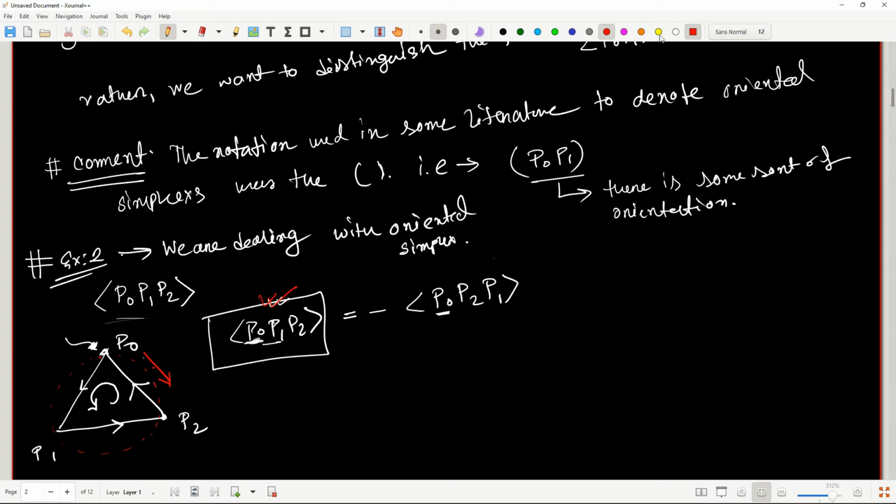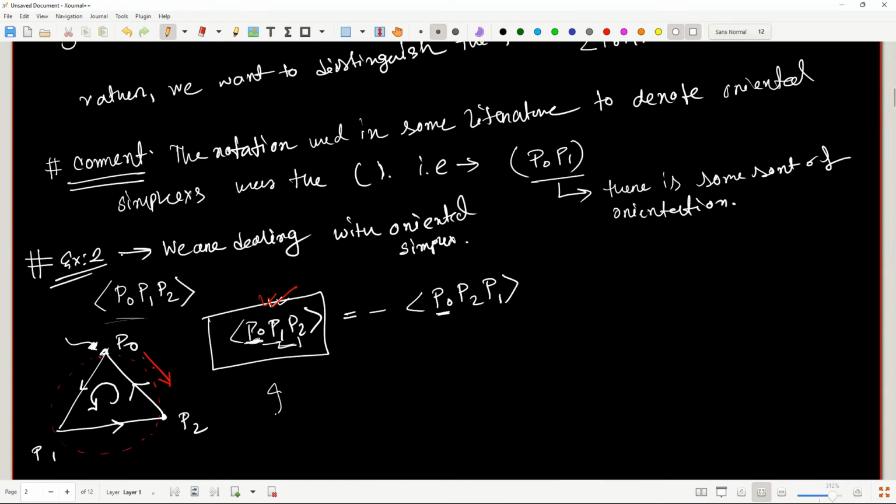So a rule of thumb is that whenever you are dealing with oriented simplexes, the cyclic and the anticyclic permutations come in different signs. So one way to think of it is to just remember the mnemonic that whenever you have two points adjacent to each other like this, let's say P1, P2, you interchange them and you pick up a minus sign.